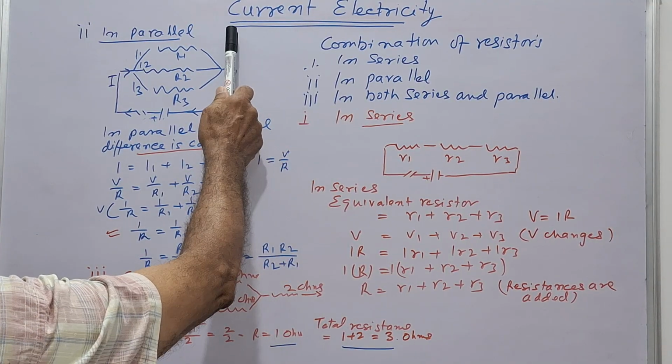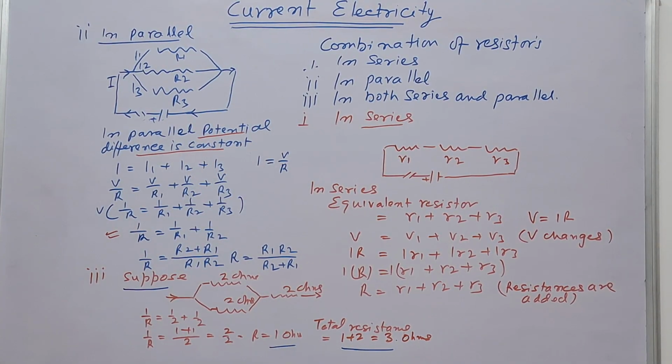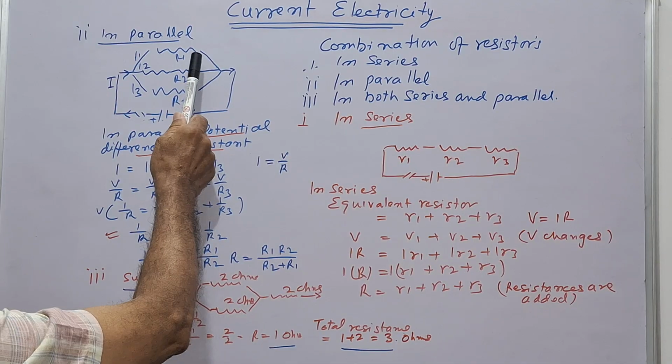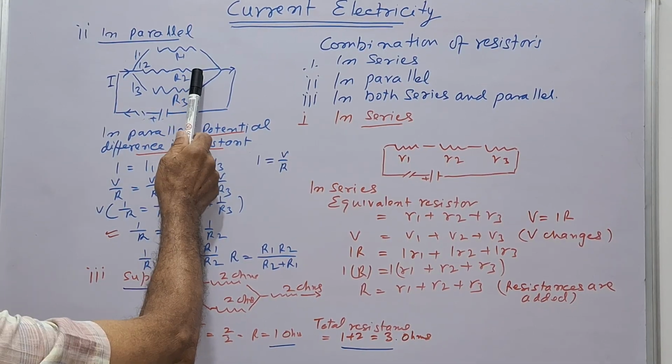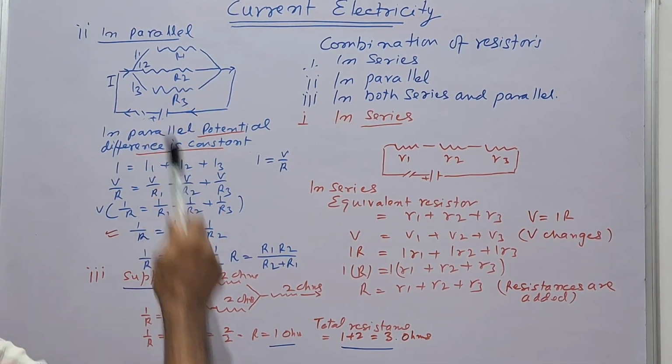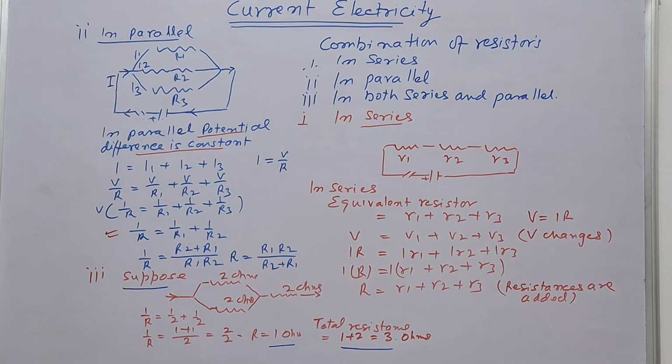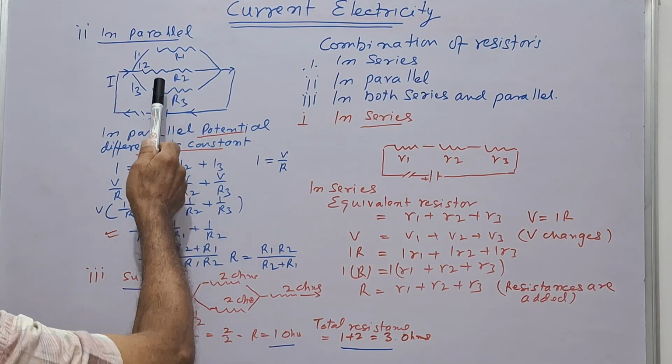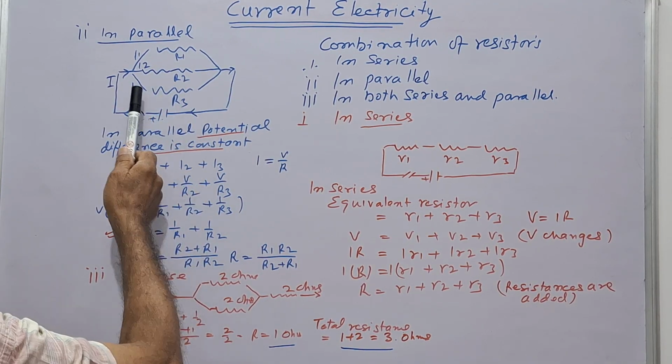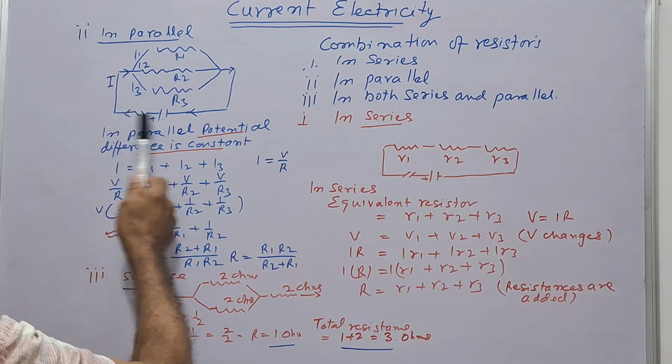Now in the second case, in parallel, you see R1, R2 and R3, three resistors, arranged in parallel and connected in a circuit.